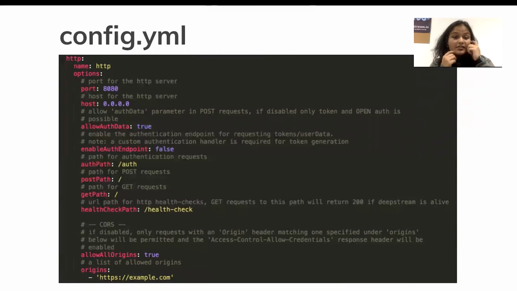One thing to note here is that with deepstream.io, you don't really have a setup where you will be returned tokens. So you'll have to set up your own custom authentication handler if you're expecting some tokens, like a webhook authentication, having your own HTTP server, etc., which will give back to you the token, which you can then use with your subsequent requests. Because as we know, HTTP is stateless, right?